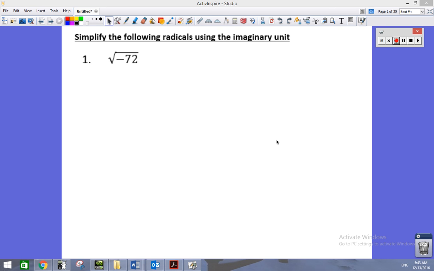Let's take a look at scale packet 6, which is complex numbers. Remember that we have properties of radicals. I think that A and B can't both be negative.